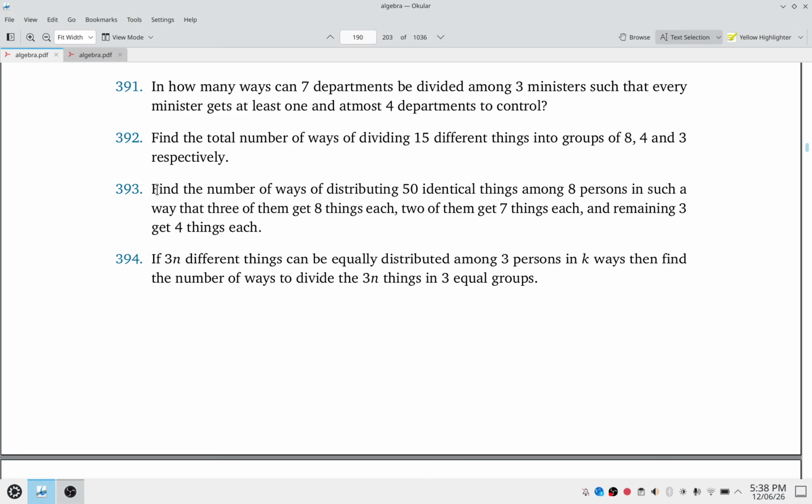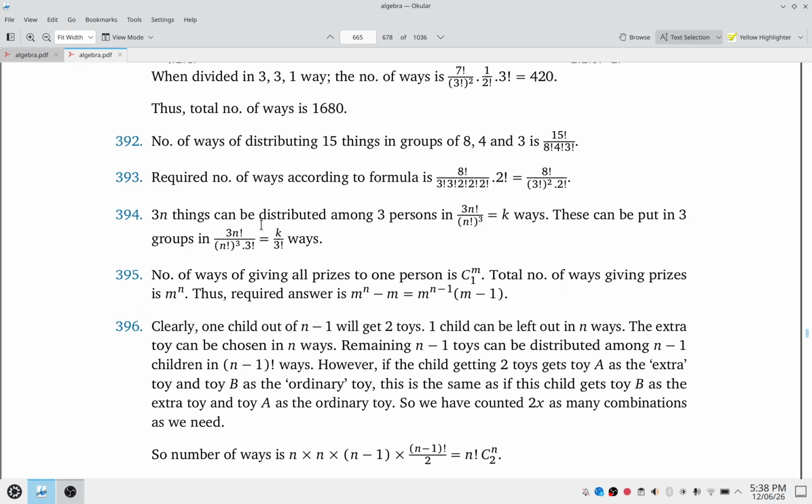Question 393 says that find the number of ways of distributing 50 identical things among 8 persons in such a way that 3 of them get 8 things each, 2 of them get 7 things each, and the remaining 3 get 4 things each.